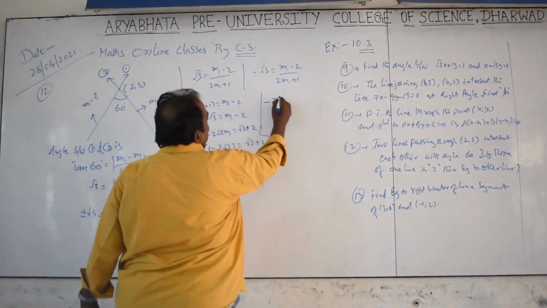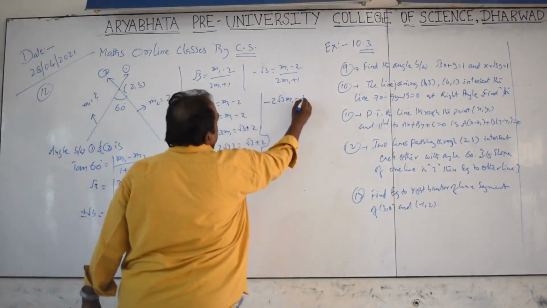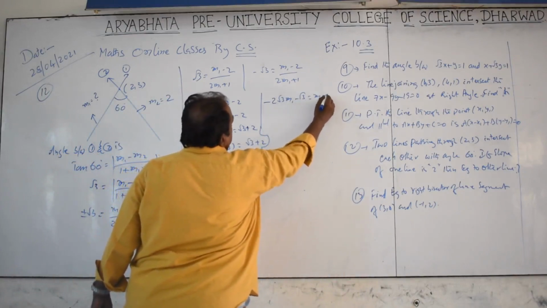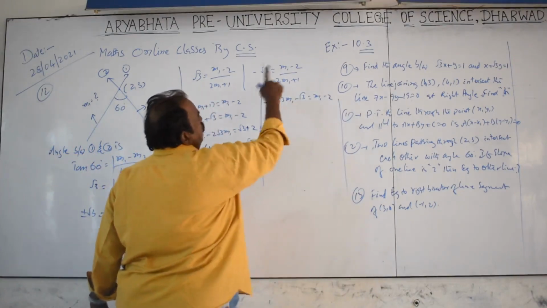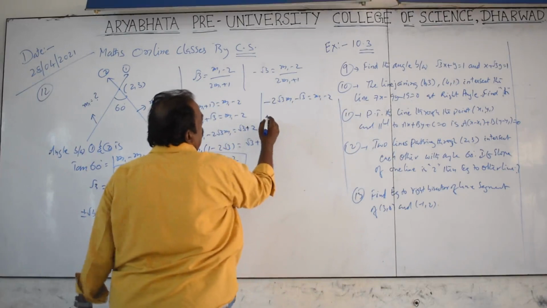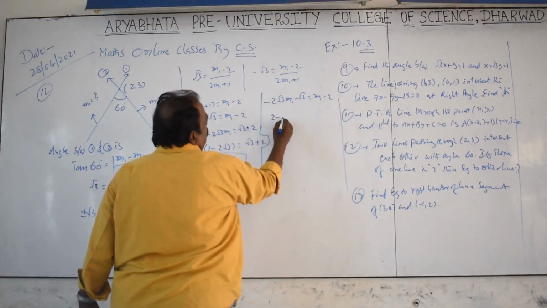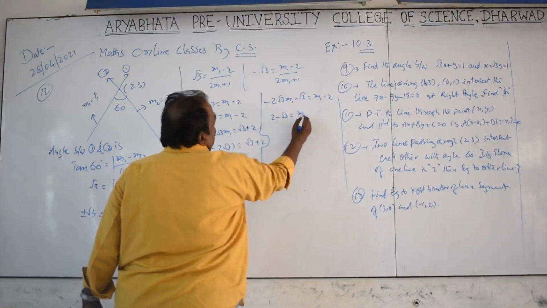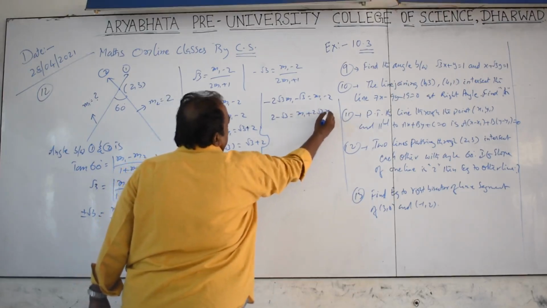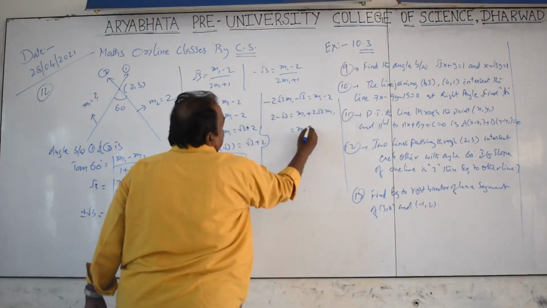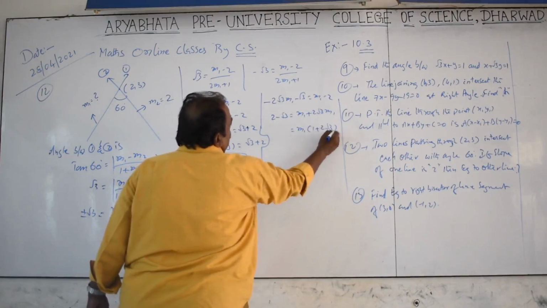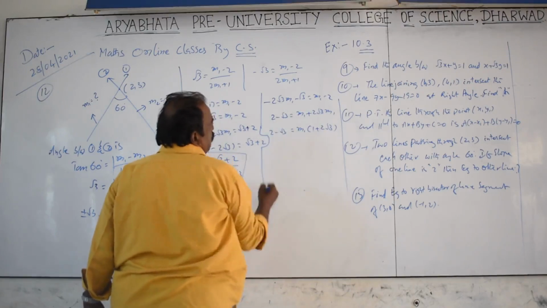It is minus 2 root 3 m1 minus root 3 is equal to m1 minus 2. Sending to this side, 2 minus root 3 is equal to m1 plus 2 root 3 m1. It is m1 of (1 plus 2 root 3) is 2 minus root 3.